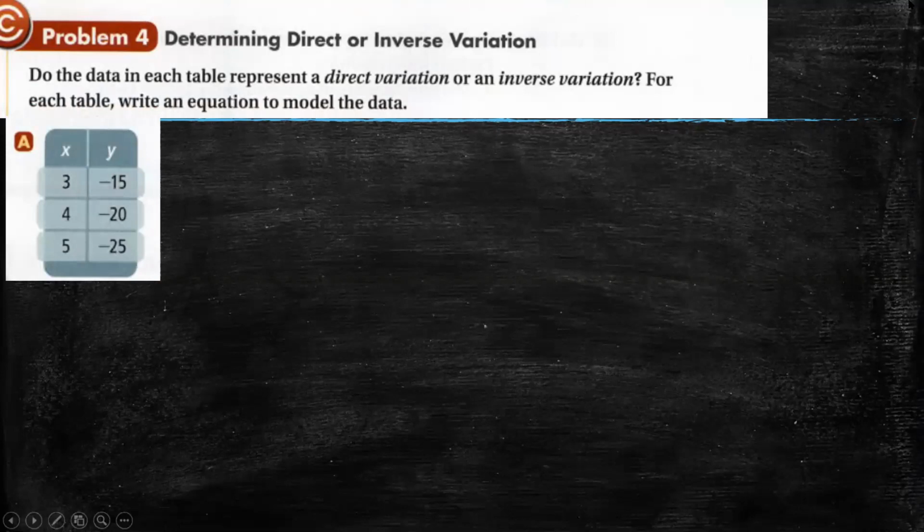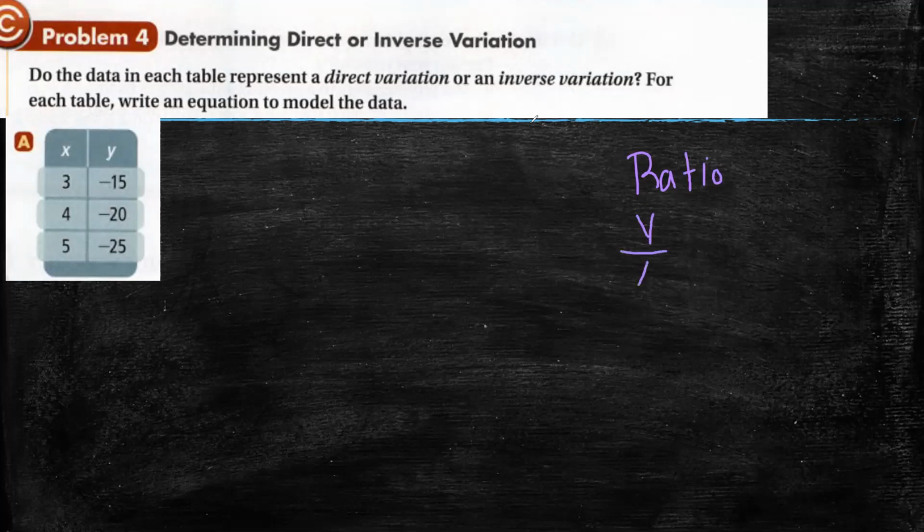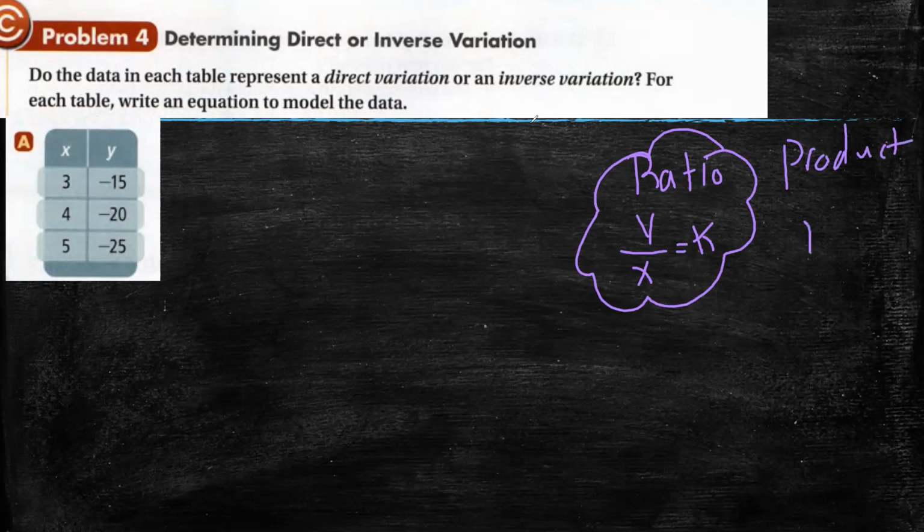The first step is to determine by using k. Check if the ratio y over x is constant, and check whether the product y times x is k.